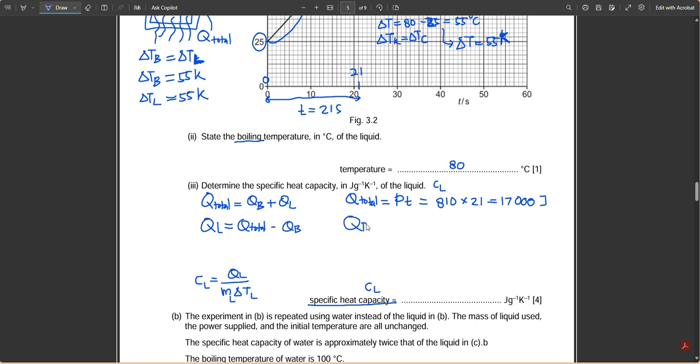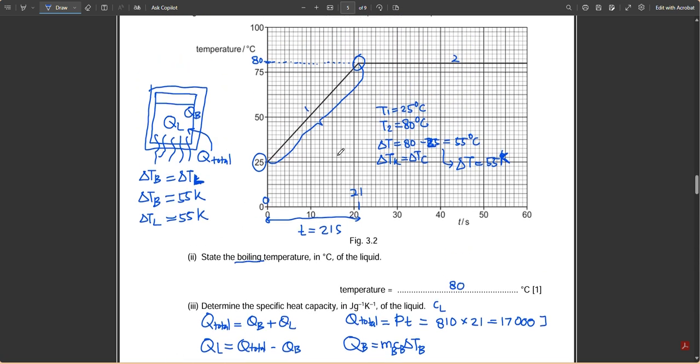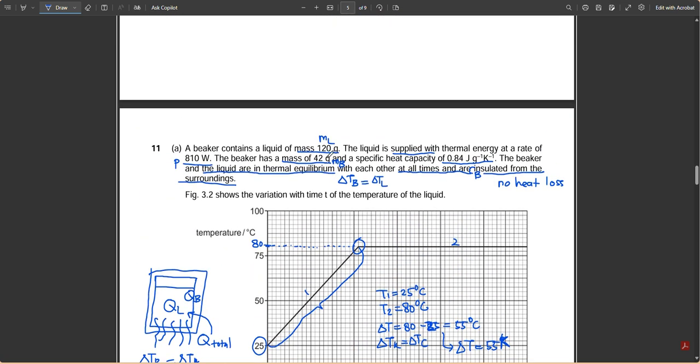Now we have to find the Q beaker. Remember, the beaker changed its temperature, so you can use M C delta T. What is the M? Mass of the beaker, C of the beaker, delta T of the beaker. What is the mass of the beaker? Let's go up. The mass of the beaker is 42.